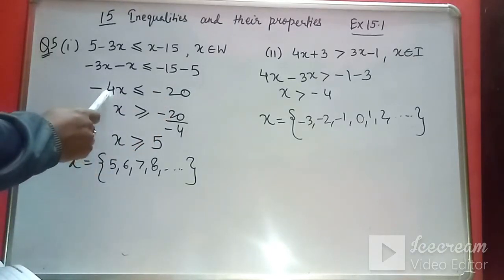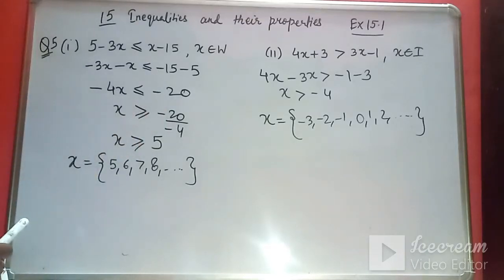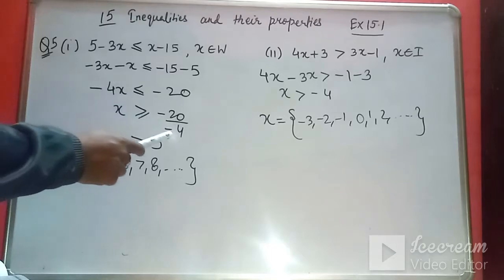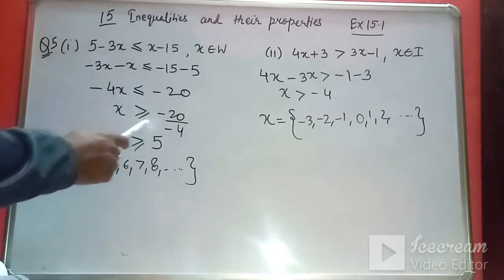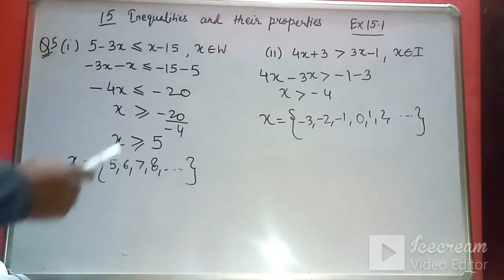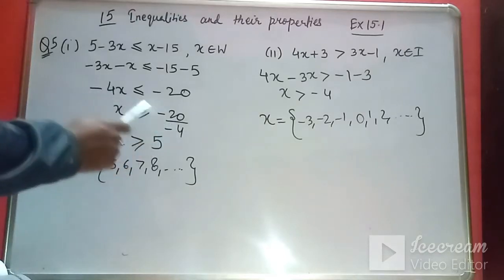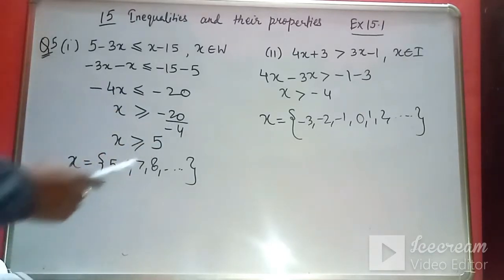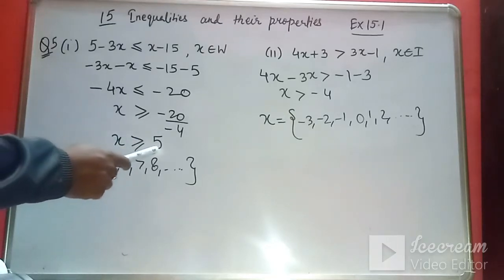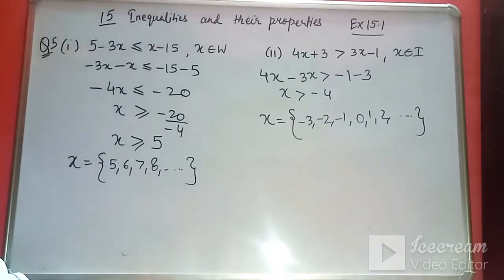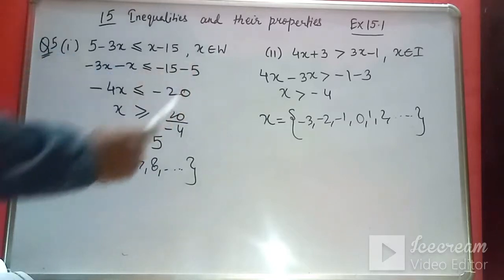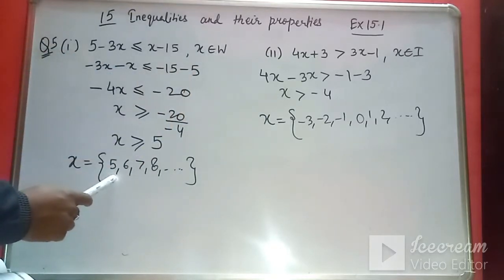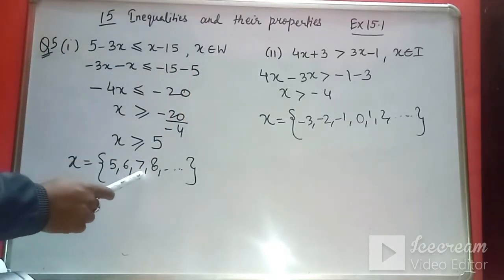Now when you transfer this minus 4 here, what I have told you when we started this chapter, if you multiply or divide by a negative sign, the inequality sign is going to reverse. So when minus 4 comes here, this less than equal to sign becomes greater than equal to. So it will give you x greater than equal to 5. So all the whole numbers which are greater than 5 including 5 are 5, 6, 7, 8.